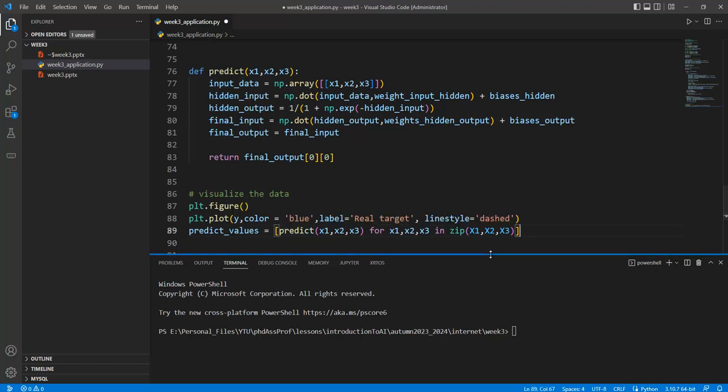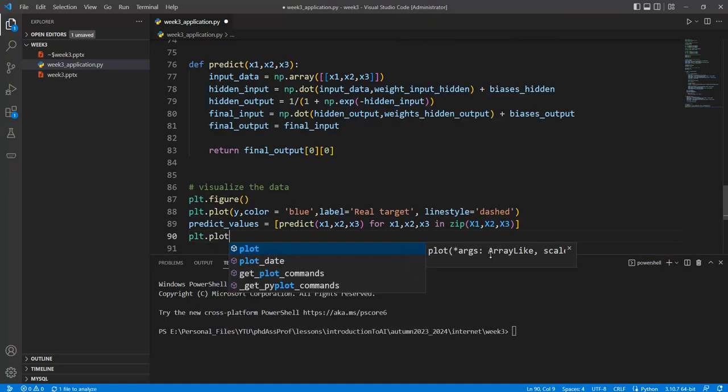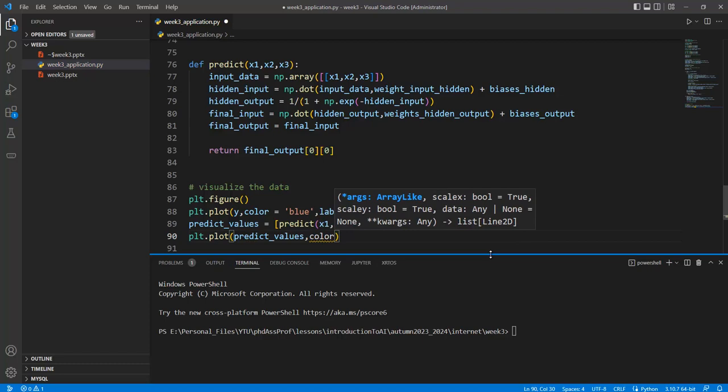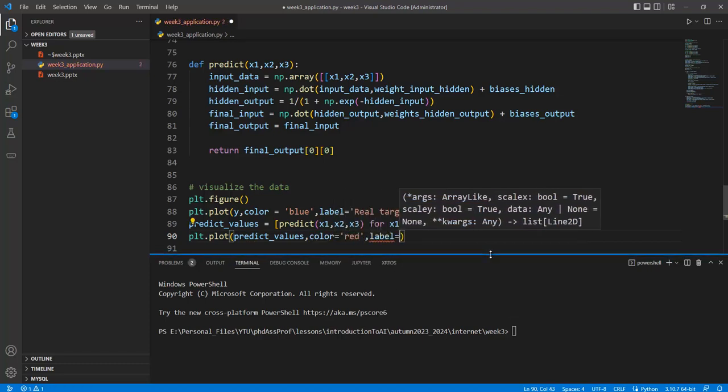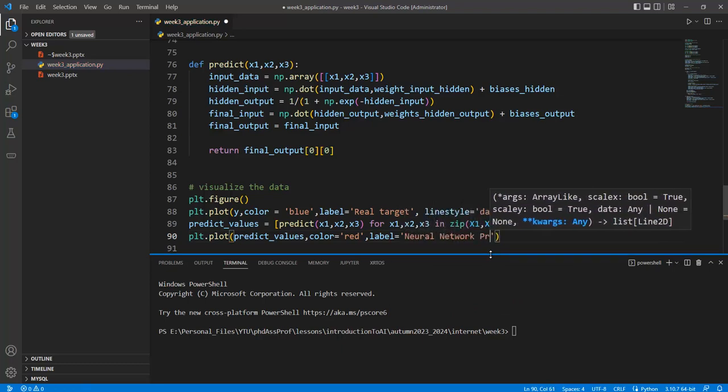So we can plot the predicted values, and the color is red. And label is equal to the neural network prediction.